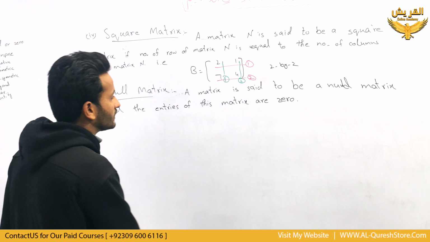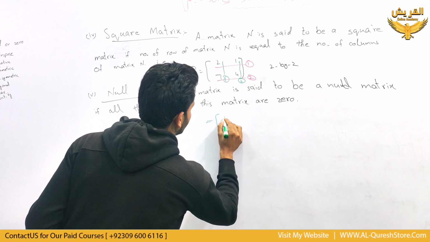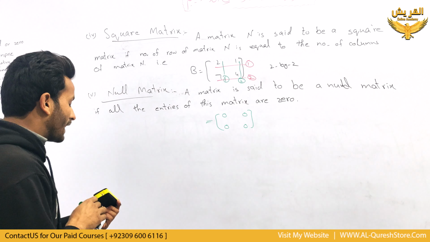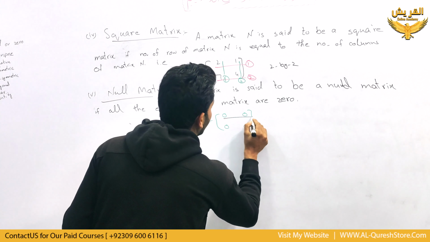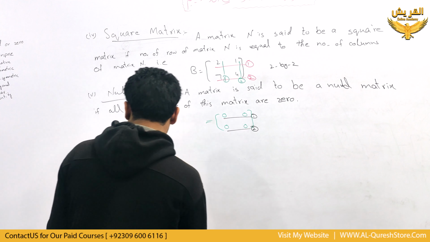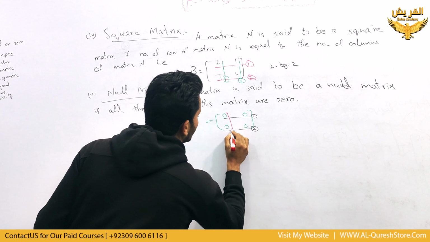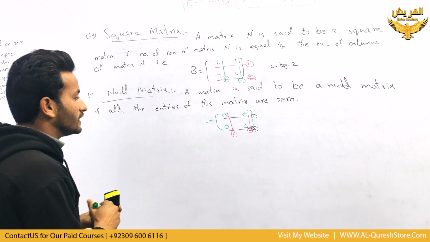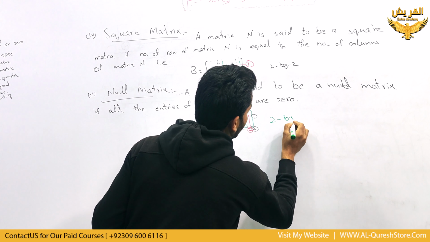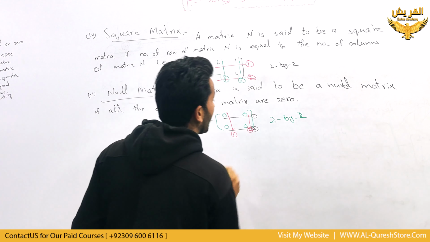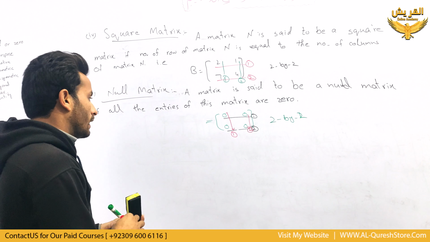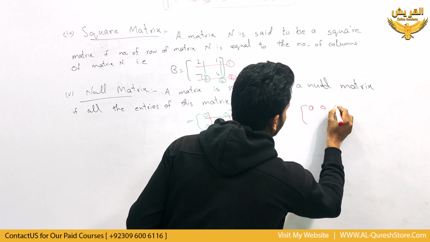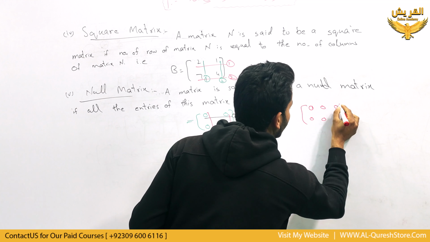For example, we can see a matrix 0, 0, 0, 0. As the number of rows is 2 and the number of columns is also 2, the order of this matrix is 2 by 2. It is a null matrix of order 2 by 2. Same here we can see a rectangular matrix 0, 0, 0, 0, 0, 0.